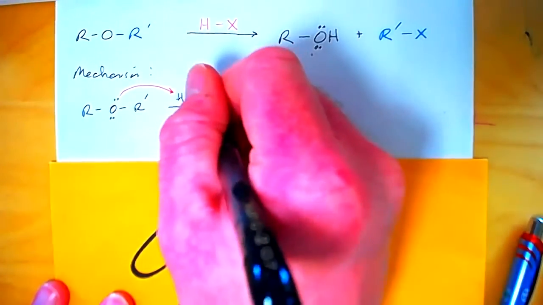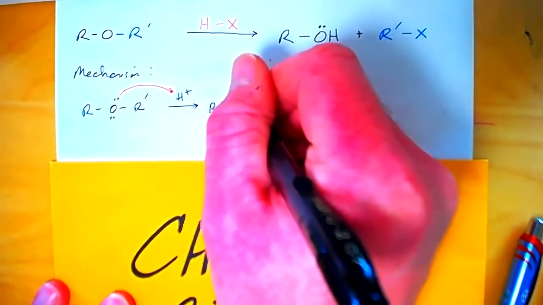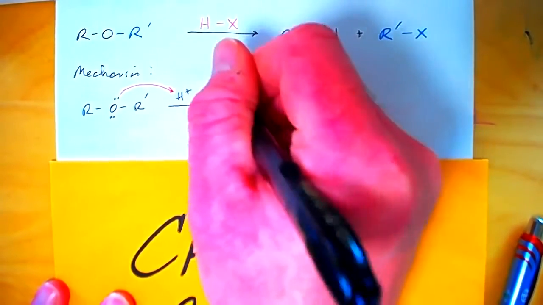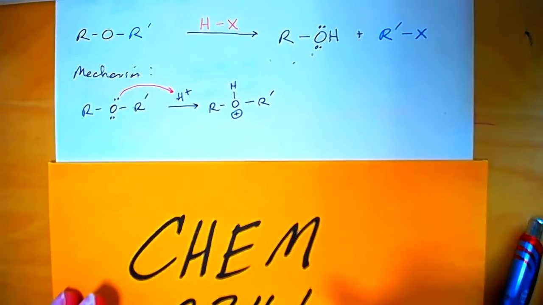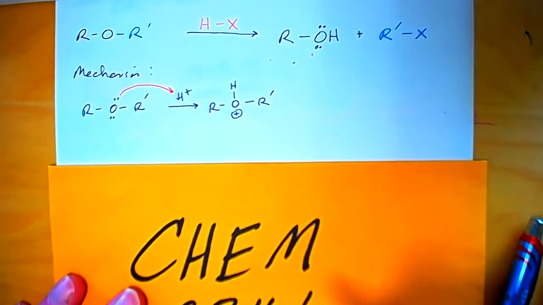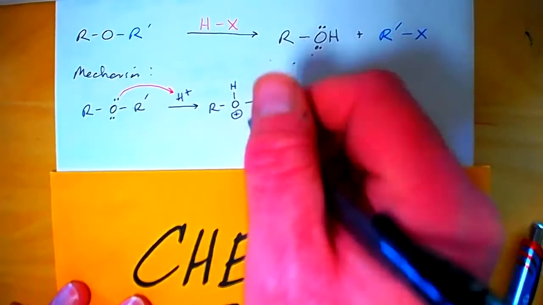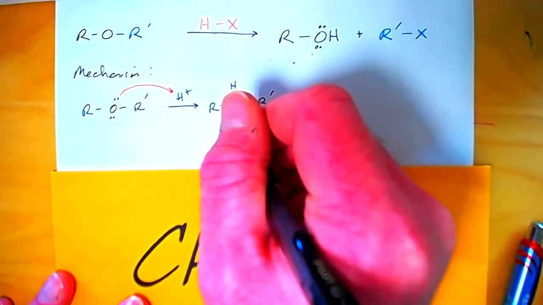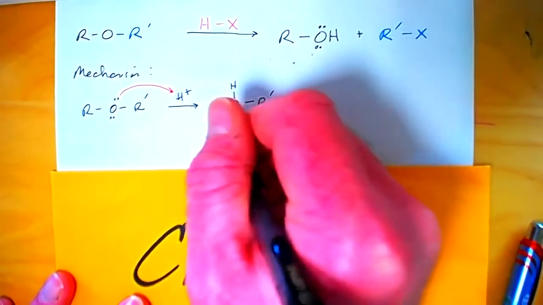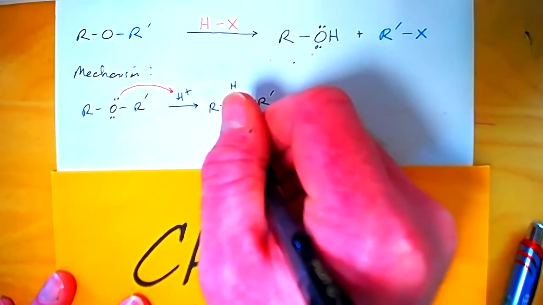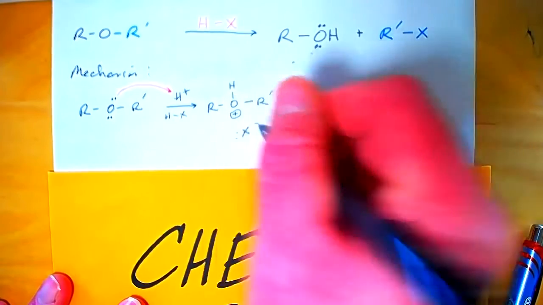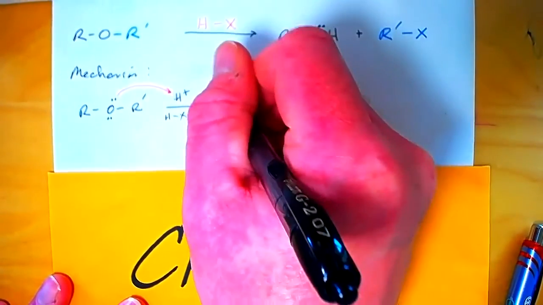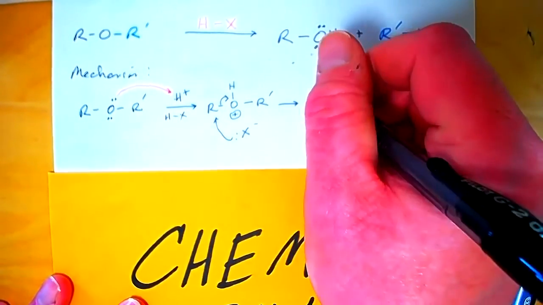So what happens is when you protonate that oxygen, it becomes an oxonium ion. And now what can happen is that the corresponding X group of your acid, so if this was an HX, well, that is going to be able to come in here and do your decomposition.